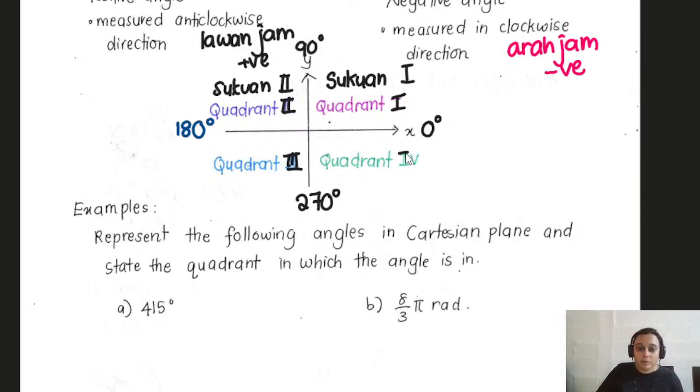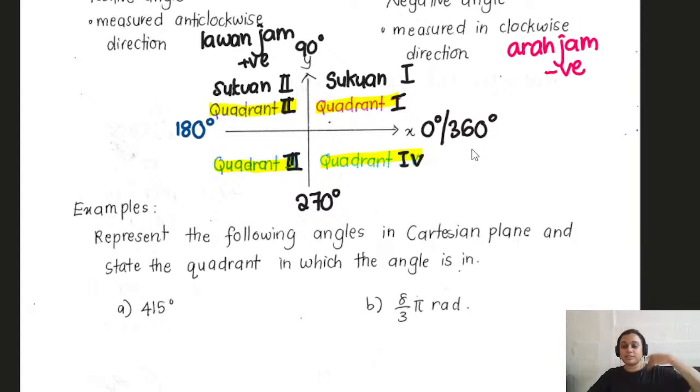And the last one, quadrant 4, fourth quadrant, from 270 until 360, sampai 360. So can you see like one cycle there? Satu circle, a big 360 circle. So you must know quadrant 1 is for what angle, quadrant 2 for which angle, sukuan 3, sukuan 4. Make sure you know it starts from up and then it goes like that. So this one, be very, very clear with the gambar aja. The picture here, the image here.